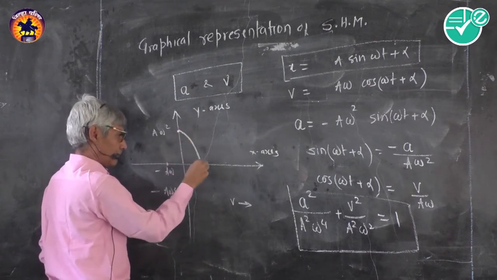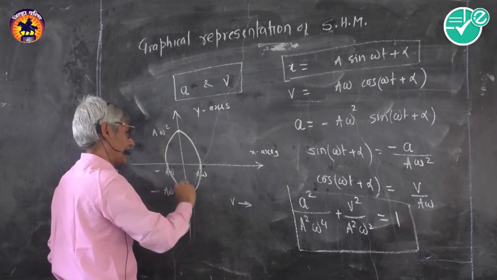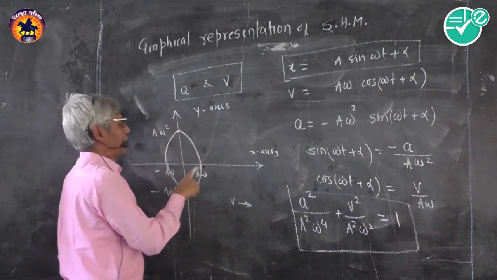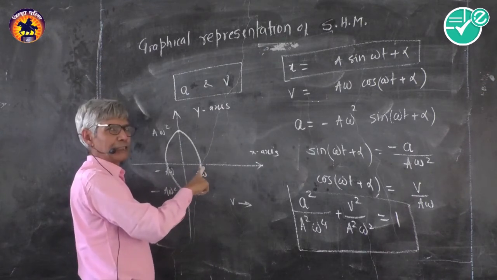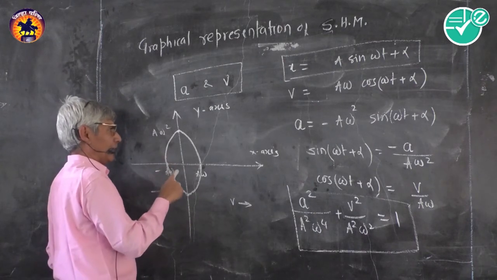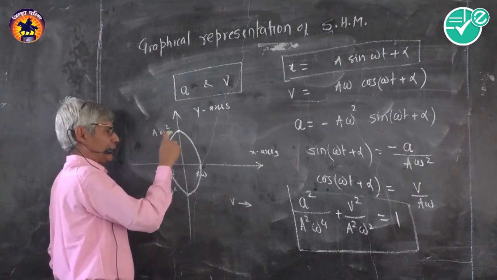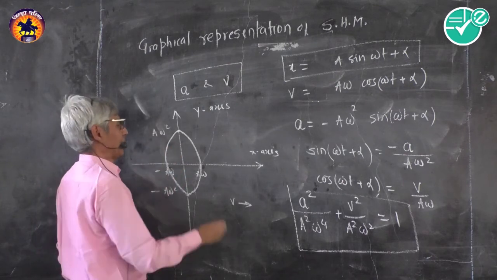When the velocity of the particle is maximum, that is at the mean position, the displacement is 0. When the velocity of the particle is minimum, that is 0, the acceleration will be maximum.